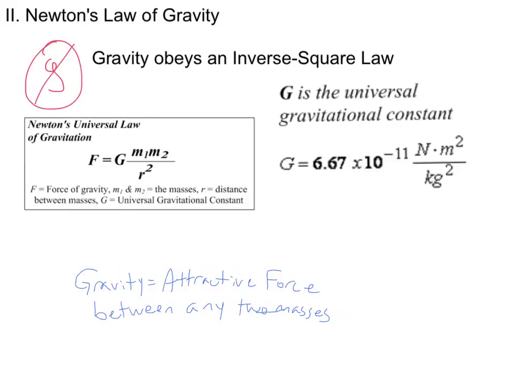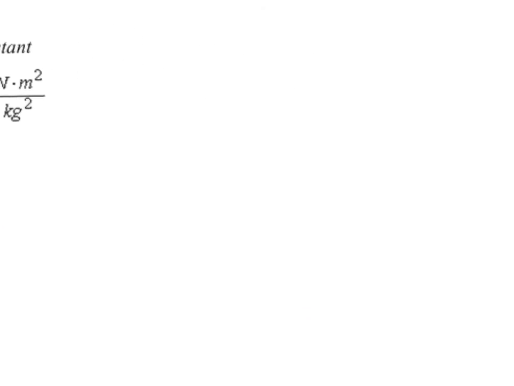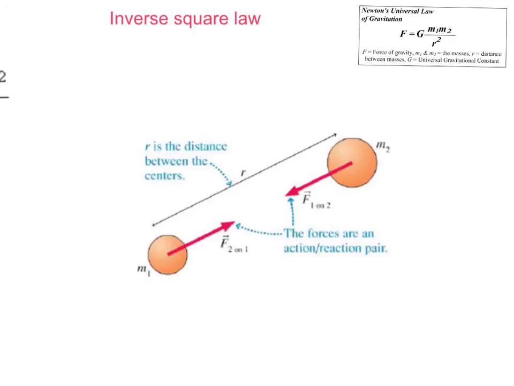It's a universal constant. Now, Newton's law of universal gravitation is something that we call an inverse square law. This means that the force of gravity gets smaller or larger by the square of the distance between the masses. The force is directly proportional to the product of the masses, so if the mass of one of the objects doubles, the force of gravity would double.